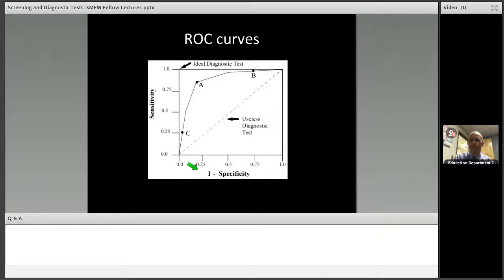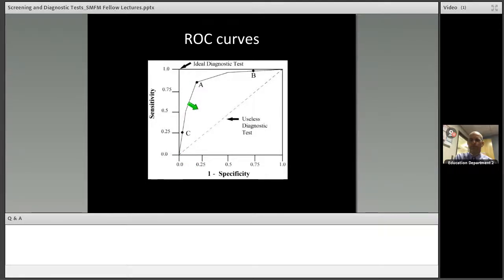So for an example here, this is the 1 minus specificity, the false positive rate of the test, which is on this axis here, and the sensitivity is here. So the best trade-off would be somewhere very close to the left hand of this curve. So for this example here, the ideal would be this point A here, which has a high sensitivity of almost 80%, and the false positive rate is much, much lower.